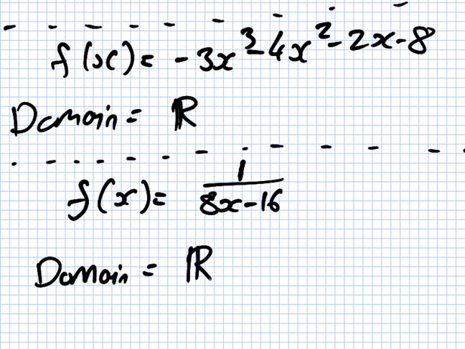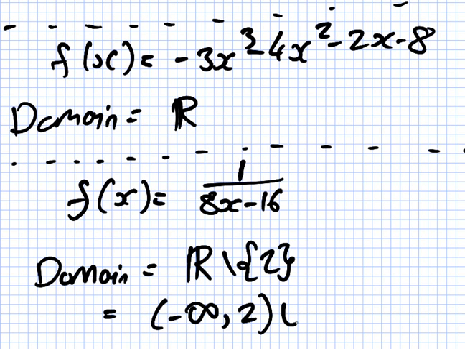You can write it this way, R except 2. That's one way to write it. You can't use 2 here, it's forbidden. But if you want, you can write it like this: minus infinity to 2, and then 2 to infinity. And you see, you're not including the 2. Both are acceptable, but please be careful.